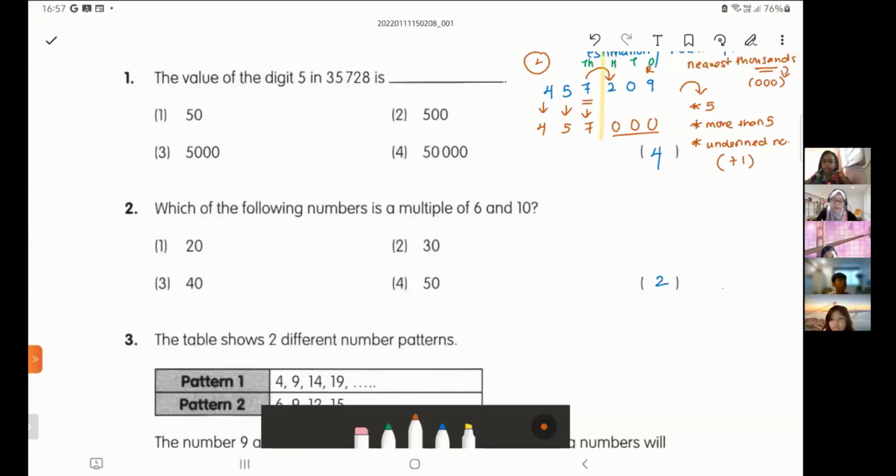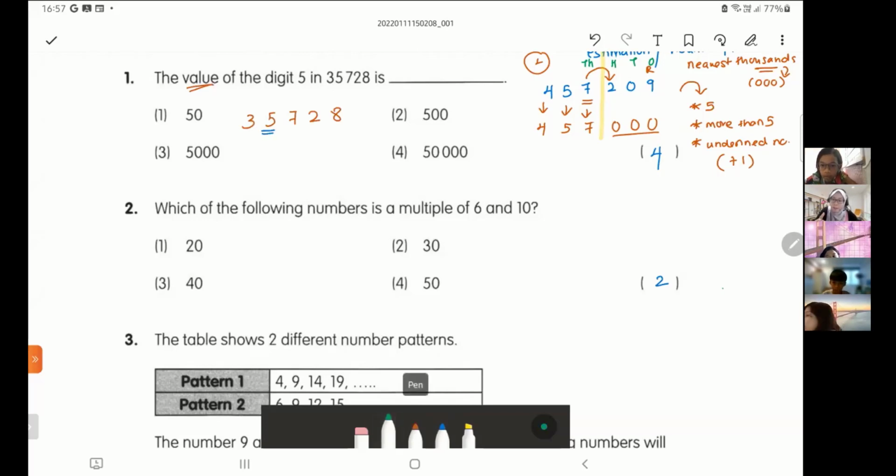The value of digit 5, when they ask for value, means I want to know how much the number 5 is worth in the number 35,728. I'm going to write it out again: 35,728. Now they want number 5, so double underline what I want.